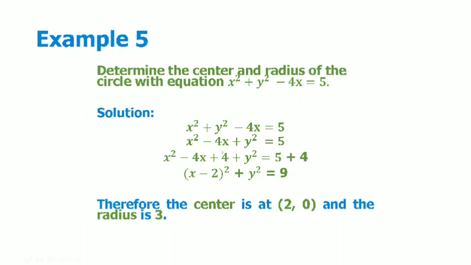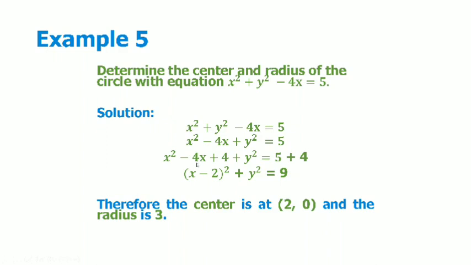So for the first two terms, x squared minus 4x, since this is a part of a perfect square trinomial, we will complete it by completing the square. So we have x squared minus 4x. For the third term, we will divide negative 4 by 2. So negative 4 divided by 2 is negative 2.